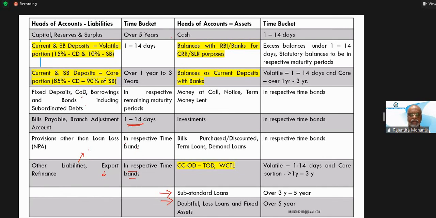Yes, above 14 days. That means what? See, I have not told it in that way. I have told that RBI says this, so why are you putting it in a different way? It might be the same, but I told you to hold your nose here, and you are holding it from the outside. Suppose 100 rupees is the savings deposit. So 15 rupees you put in the 1 to 14 days. 85 rupees you put in 1 to 3 years. That's all.